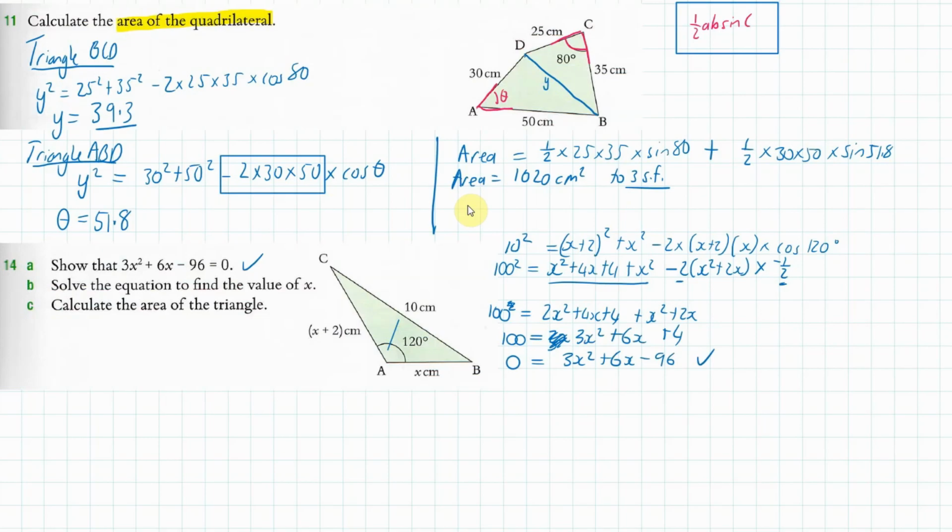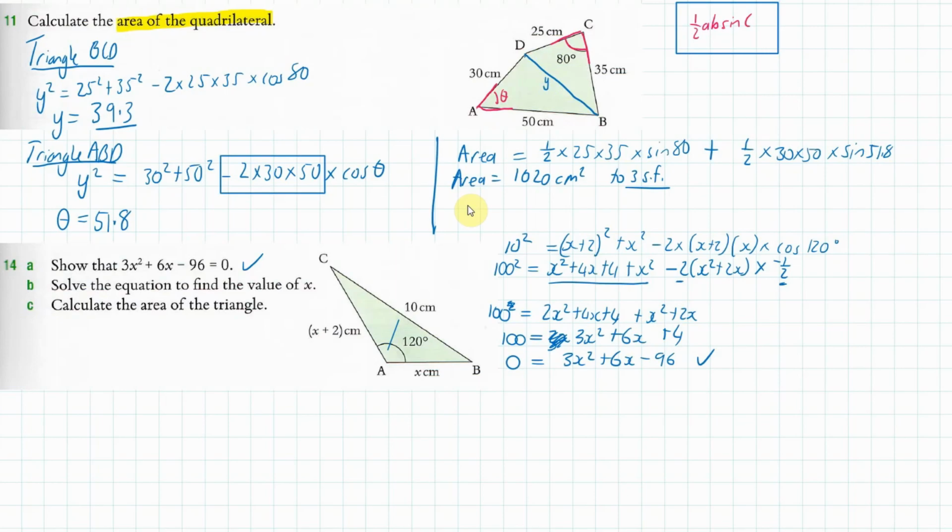Now we've got to solve to find the value of x. So can we factorize this? I'm inclined to just use the quadratic formula. But we can divide out by 3, can't we?